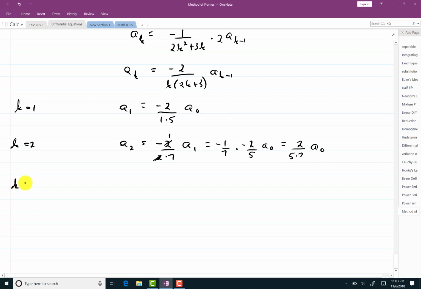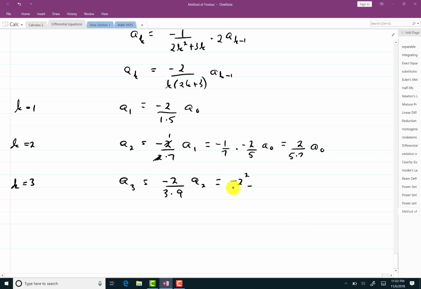K equals 3. A sub 3 equals negative 2 over 3 times, here we're going to have 2 times 3 is 6 plus 3 is 9, a sub 2. Of course, I can rewrite that in terms of a sub 0. So I'll have negative 2 times 2, negative 2 squared.